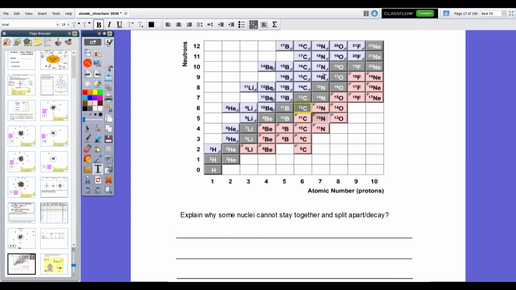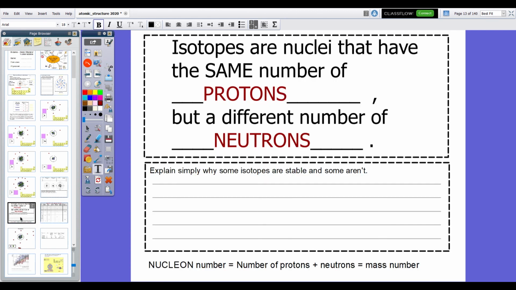Well, it just so happens that some of these versions aren't particularly stable and they fall apart. And if you want to explain why that is, you really need to be getting into university level physics, because it goes way beyond really GCSE. All I want to do at GCSE level is just explain to you that there are particular versions that seem to work, and there are some that don't.